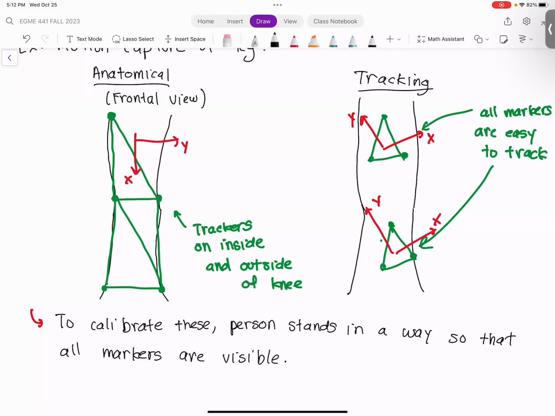Because from there, when all markers are visible, you're able to track the positions of every single coordinate system on this person's body, all the anatomical coordinate systems and all the tracking coordinate systems.